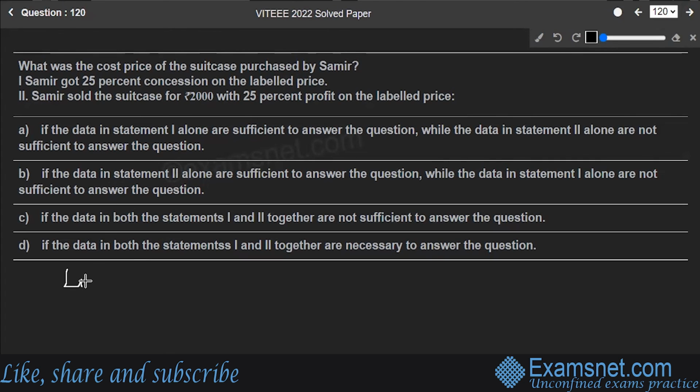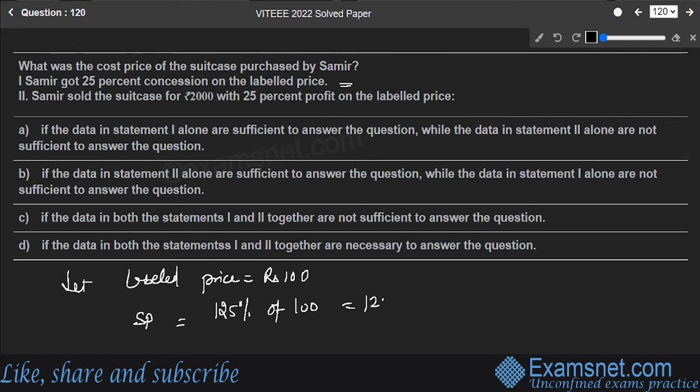I'll say let labeled price is equal to 100. So what will be the selling price? See, I'm considering the first statement over here. Okay. So the selling price of the suitcase, 25% concession it is given to you. So the selling price will be 125% of 100. That is equal to 125 rupees.